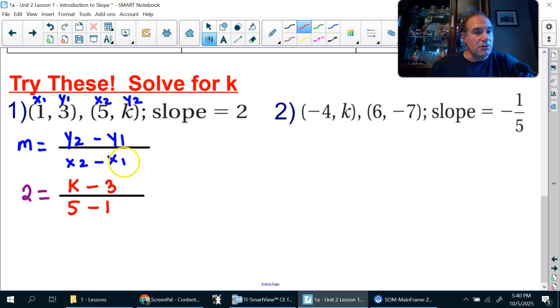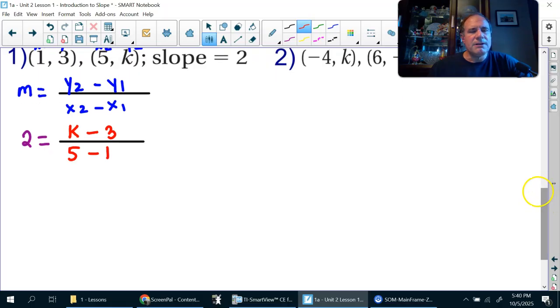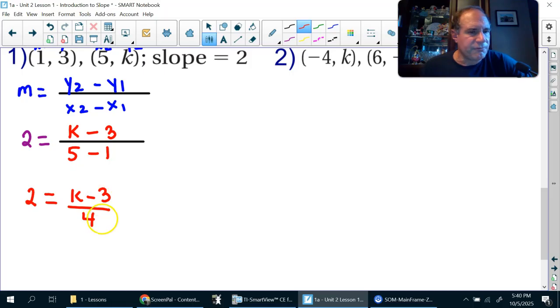So just take a look at what we have here. How do we solve this? Well, the slope has to be 2, so you could probably solve it on your own. The numerator is still k minus 3, and now the denominator is 4, because 5 minus 1 is 4.